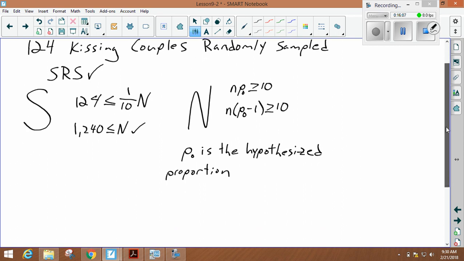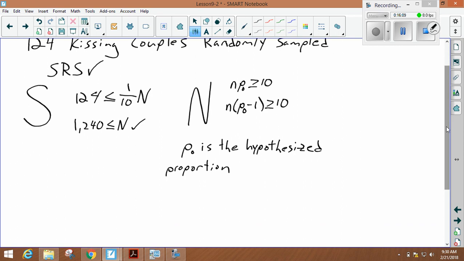In this case, we hypothesized that it was greater than 0.5, right? The reason we chose that was because if our proportion of people that tilt their head is actually 0.5, then there must not be any preference, right?